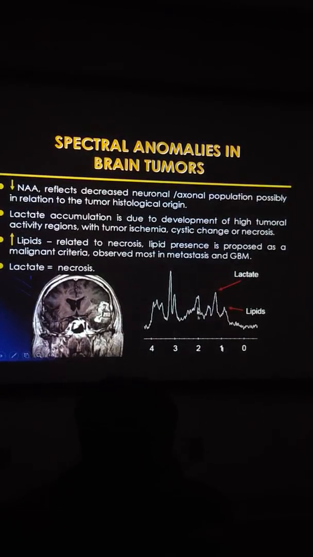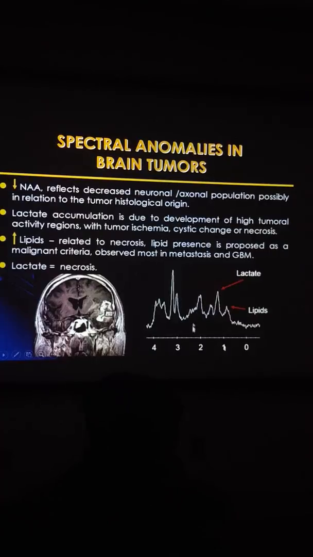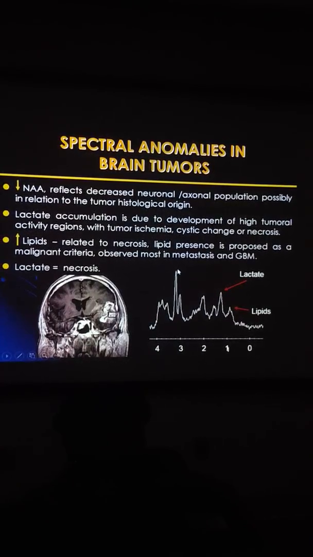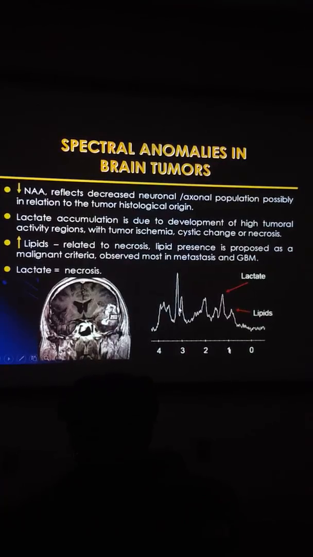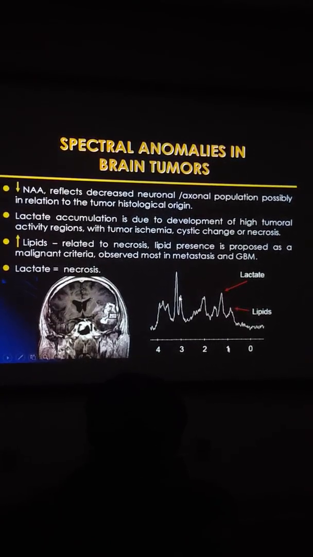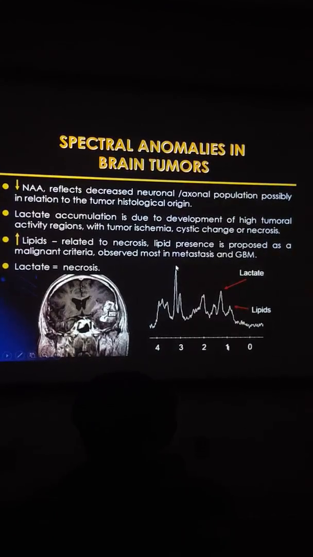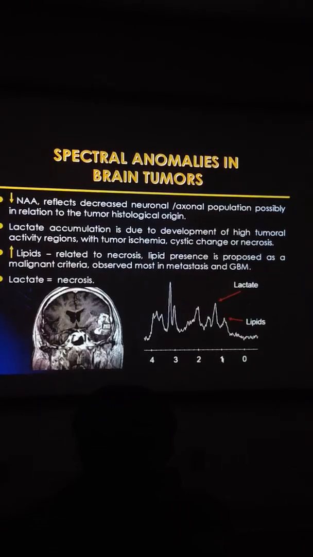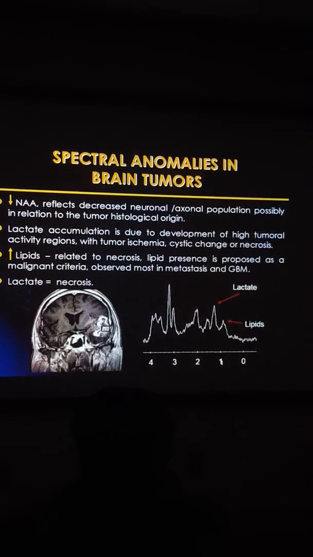Okay, if that is smaller than that, then you have suppression of N-acetylaspartate. Choline typically is smaller, it's like 0.7 or 0.8, the height of the creatine peak. If it is elevated beyond that, then something is producing cell membranes at a higher rate than normal.